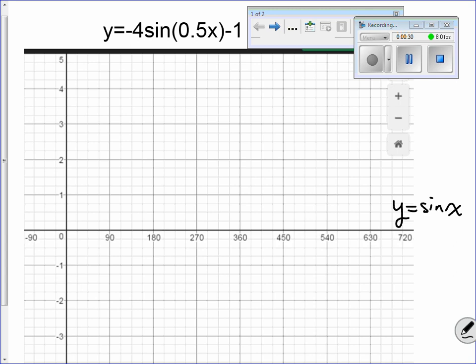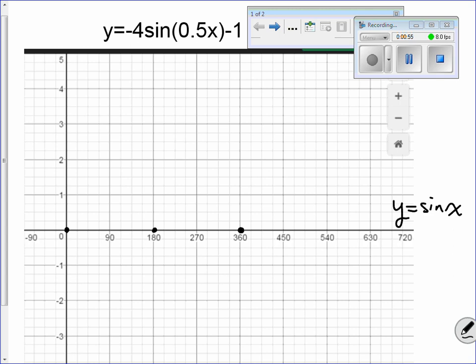Now, I want you to immediately draw only one period of sine x, and you know that sine x runs for 360 degrees. It starts at 0, it ends at 0, and exactly halfway between it is at 0. Then we go between the 0 and the 180 to figure out where it is.